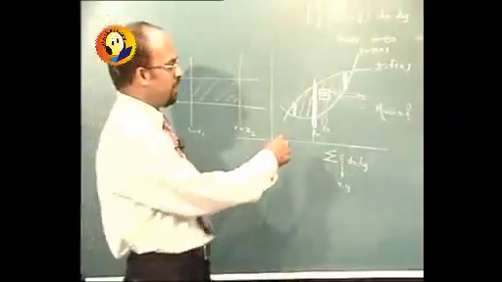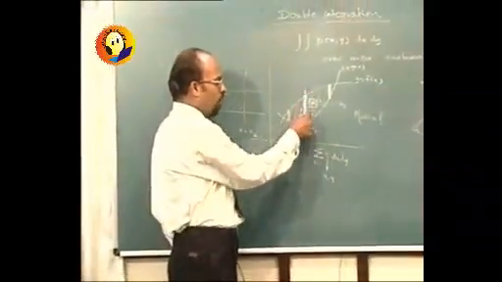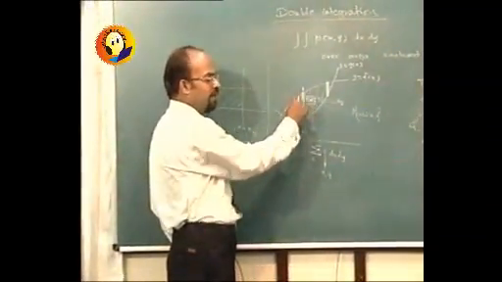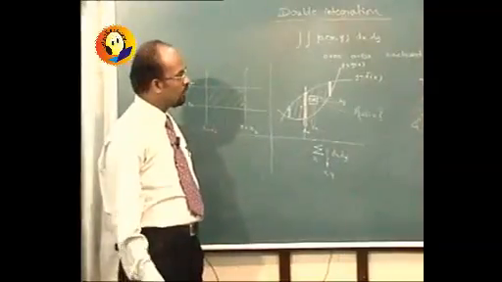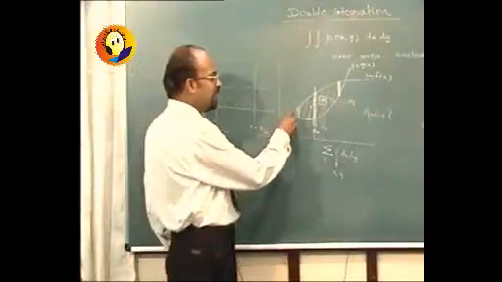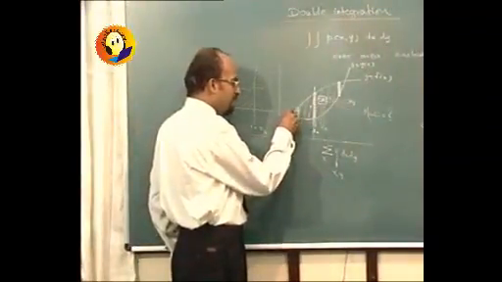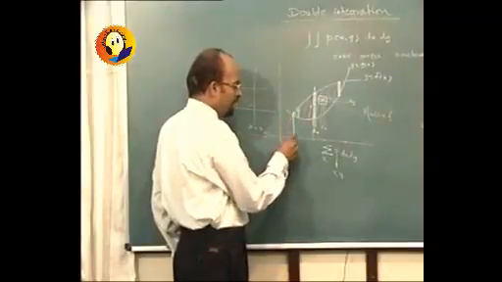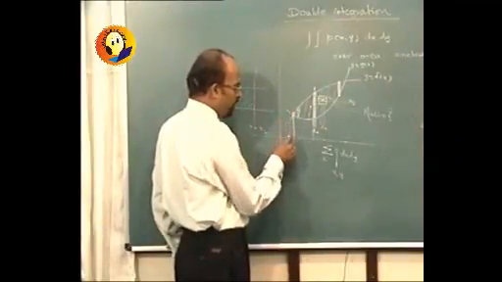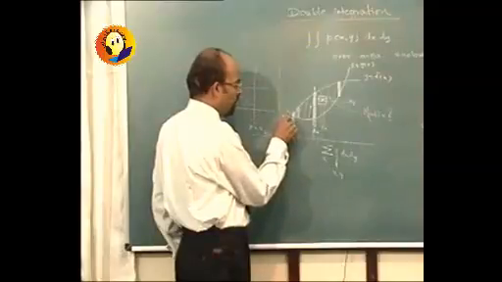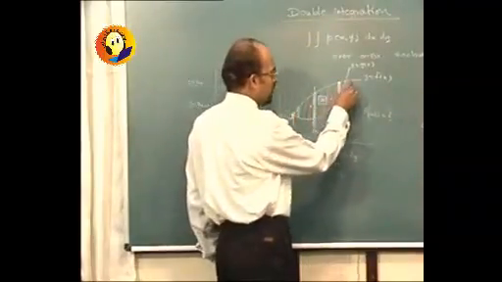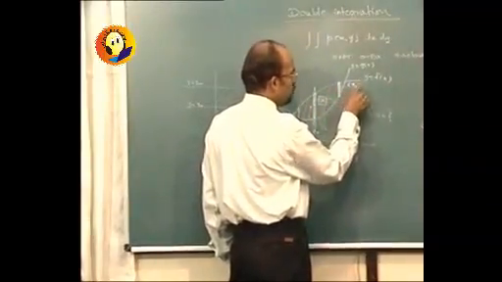So on this strip we are covering all the areas of height dy each, and then to cover the entire area, the leftmost strip is at this particular point. Suppose the point over here is (x1, y1), the point of intersection, and this point is (x2, y2).